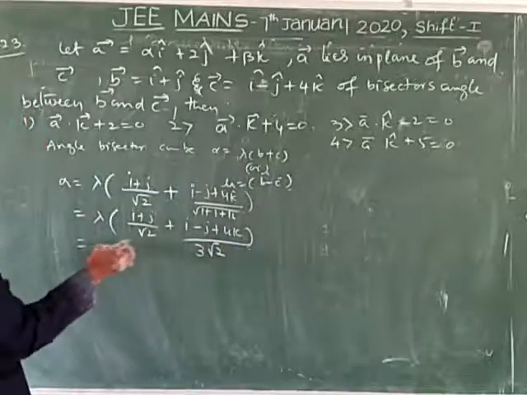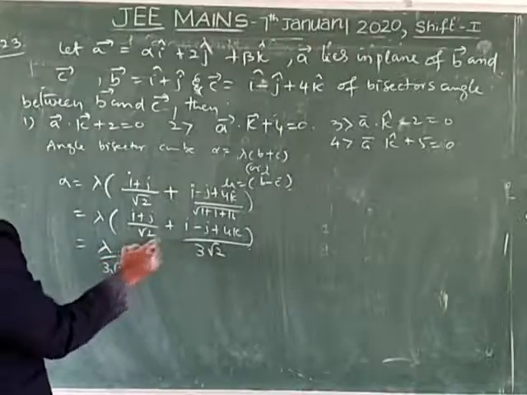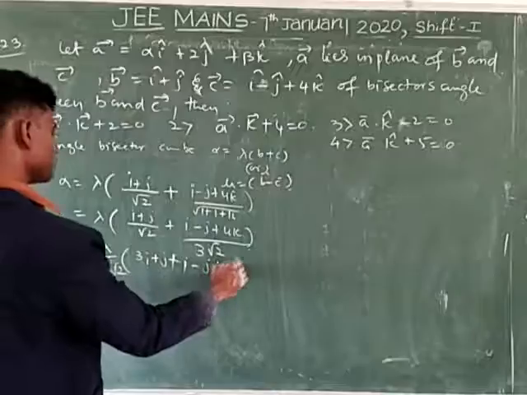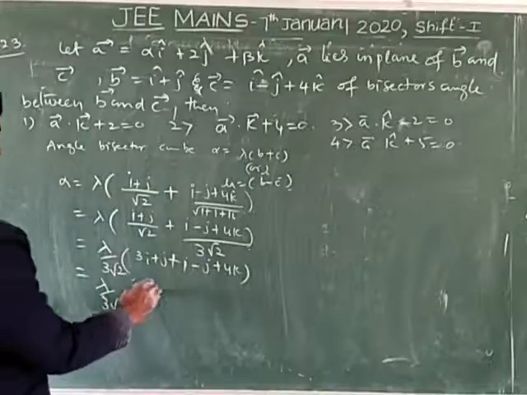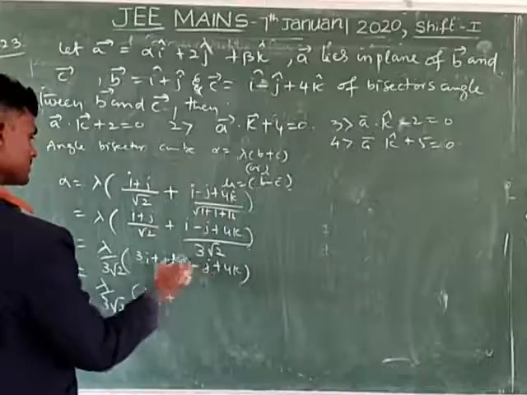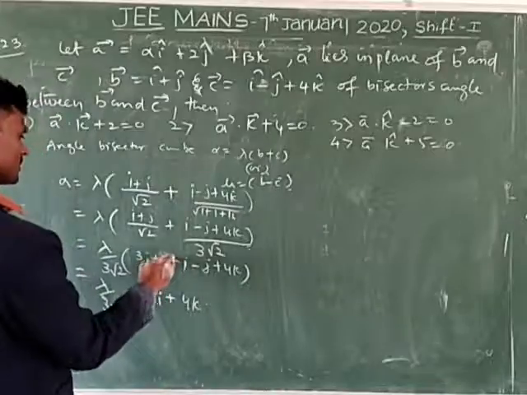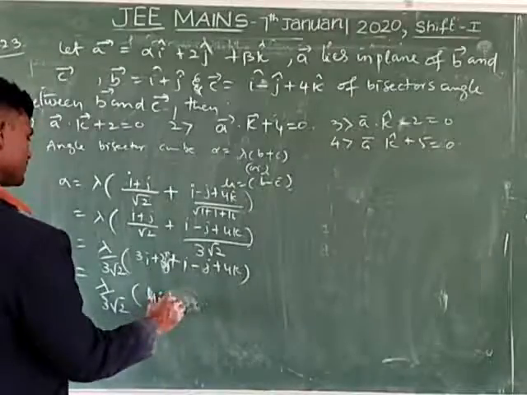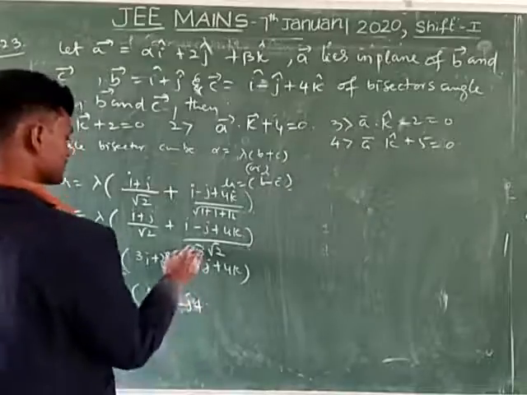Now you have to take the LCM 3 root 2, then lambda by 3 root 2 you have to write here, then root 2 cancels: 3i plus 3j plus i minus j plus 4k. Here lambda by 3 root 2 is equal to 4i plus 2j plus 4k.